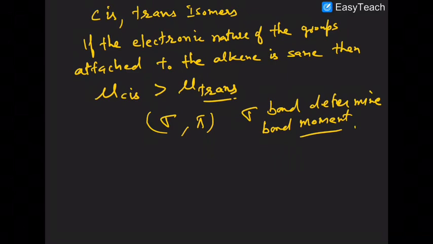Delocalized electrons cannot determine the dipole moment. Why? Because dipole moment is a vector quantity, so only a directed line segment is able to be considered.